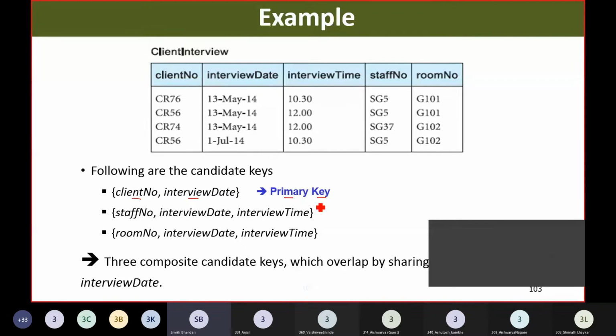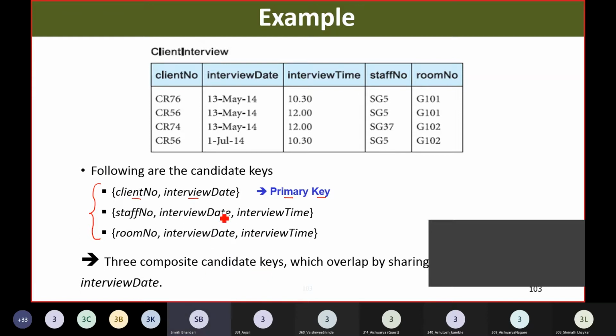Right? So, in essence, we have identified three different candidate keys, which are composite candidate keys, meaning the candidate key comprises more than one attribute. Every candidate key comprises more than one attribute, and that is why we say that these candidate keys are composite candidate keys.